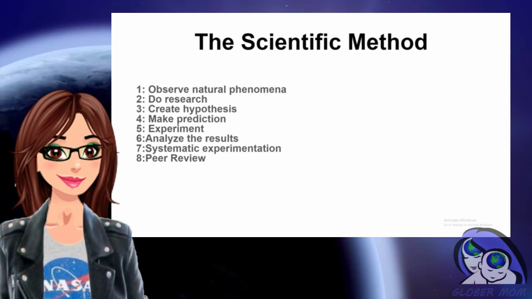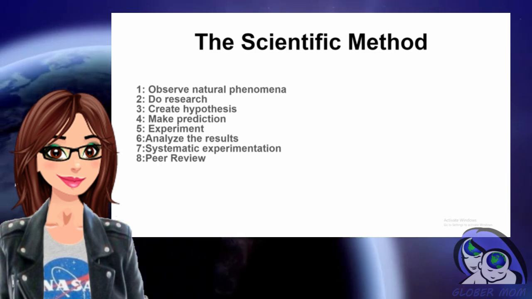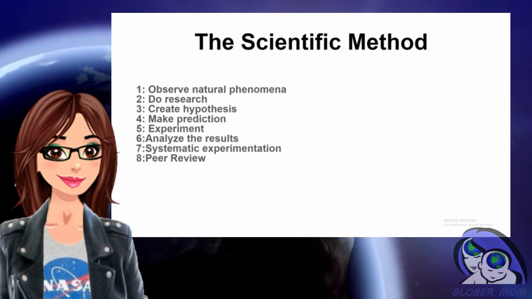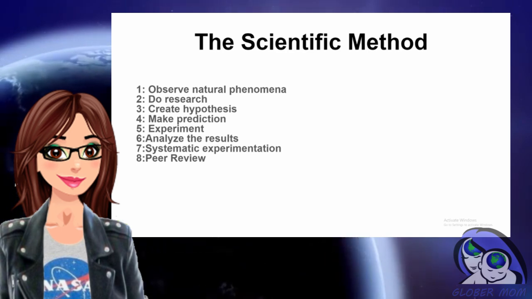There are many different kinds of science. Though nature can be studied via science, it has nothing to do with science itself. Science means the study of the structure and behavior of the physical and natural world, including the universe and everything in it. Number 4, you make a prediction. What will the experiment yield? And number 5, you do the actual experiment.